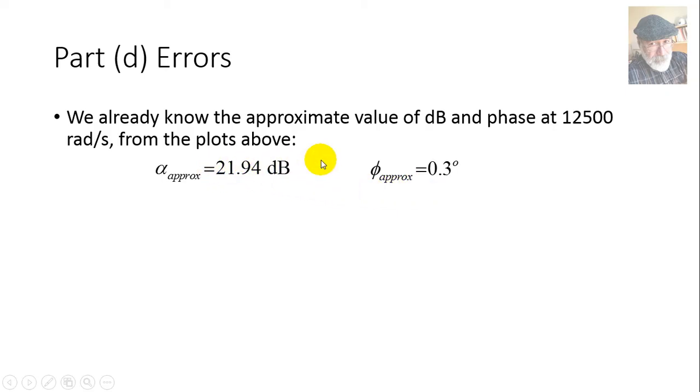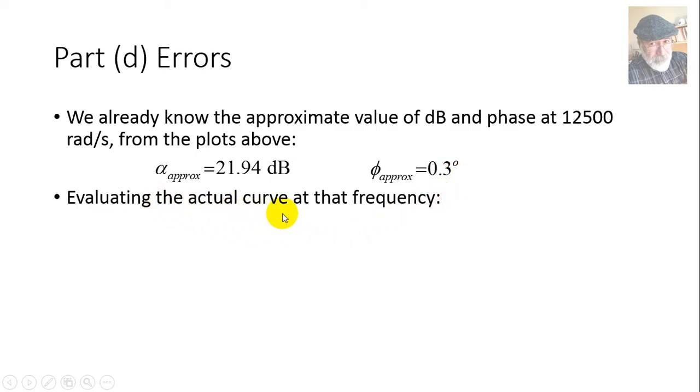The approximate value at that frequency from the graphics we have, this one is already in the graphic, is 21.94 decibels. Computing this one is quite easy, 0.3 degrees, and we evaluate the actual transfer function at the frequency 12,500 radians per second, and this is what we get.